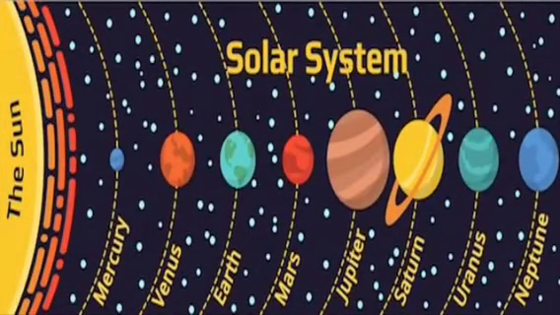How many planets are there in our solar system? There are 8 planets in our solar system.